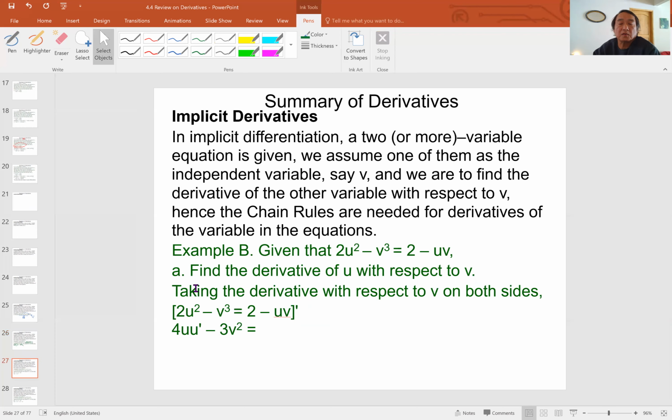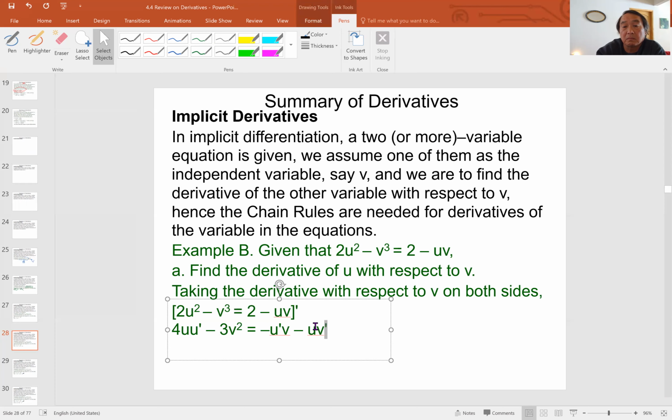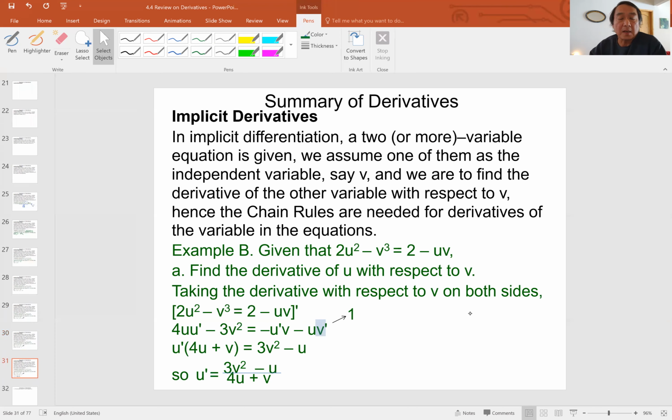So if I take derivative of V, that's what's on the left-hand side. On the right-hand side is a product rule. But derivative of V, in this prime notation, everything is taking the derivative with respect to V, so V prime is 1, dV/dV. So I get that, then I can solve for U prime.